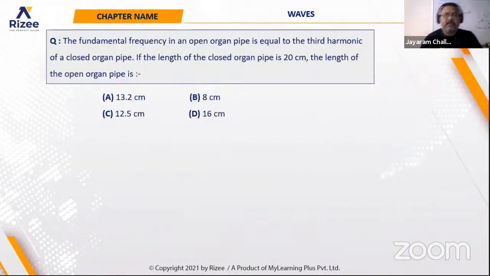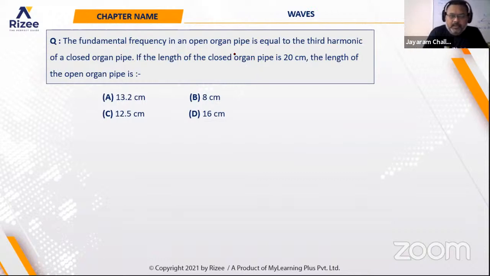So now coming to the sum on this one: the fundamental frequency of an open organ pipe is equal to the third harmonic of a closed organ pipe.